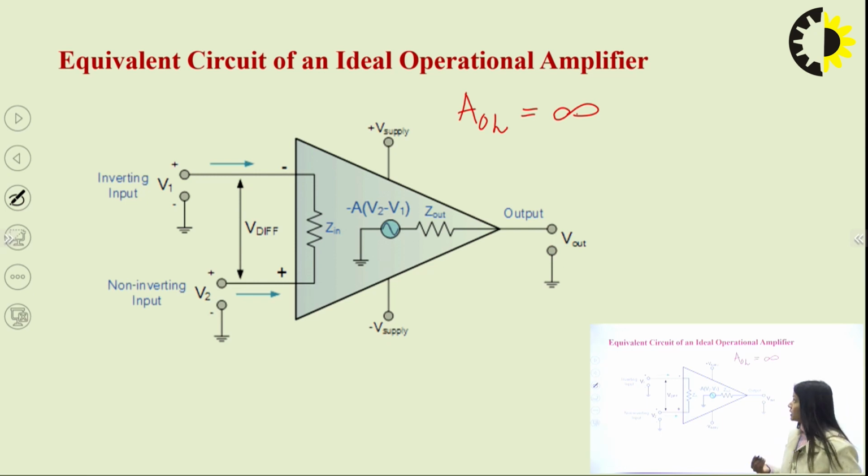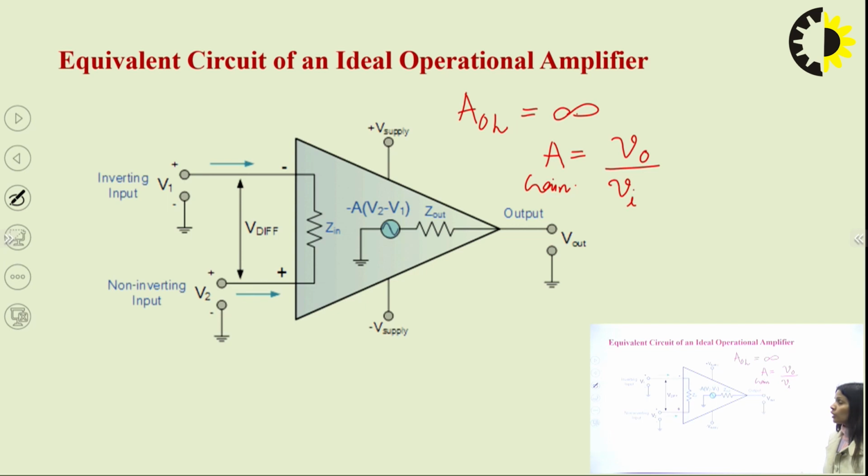If I say any gain, let's say A, is VO upon VI, output voltage upon input voltage, this is the gain of the circuit, the gain of the OPAMP here, right?